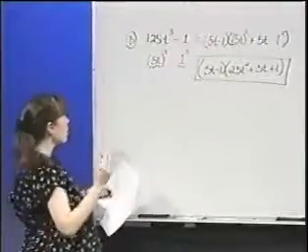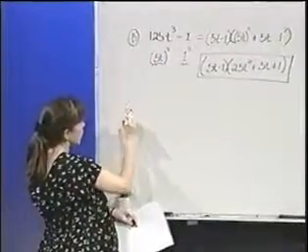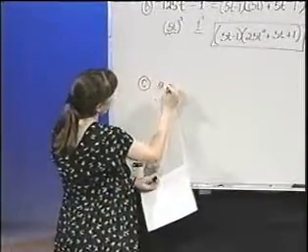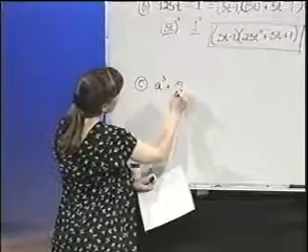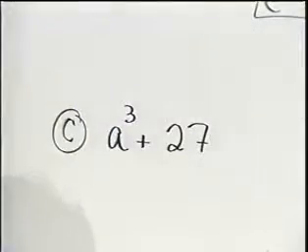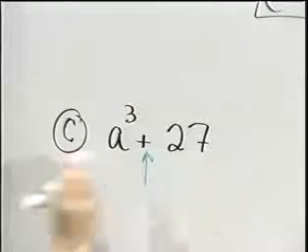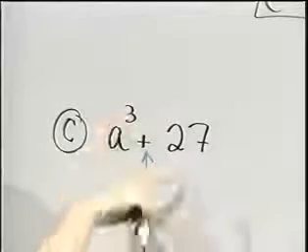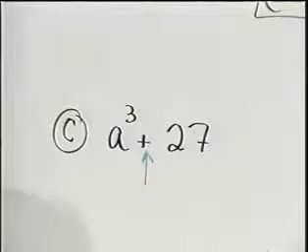Okay, let's look at one more example, example C, and let's take the following. Let's take a cubed plus 27, okay? Now notice, this time, you have a plus. If these were squares, you wouldn't be able to factor that binomial.